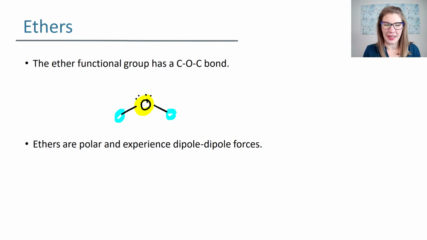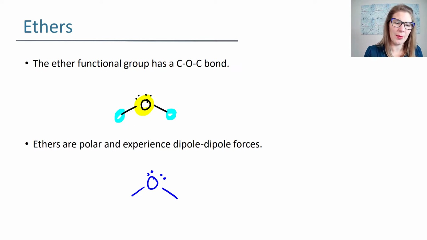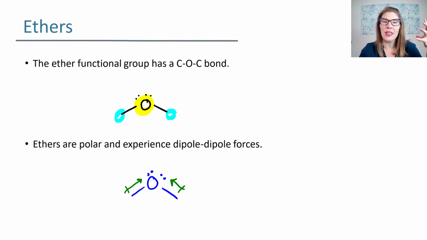So you have to recognize that your ethers are polar because you have a carbon-oxygen bond that's polar this direction and this direction. And those individual bonds aren't everything that we're considering. We're looking at the overall shape of the molecule as well. So overall, the direction of polarity isn't these two individual arrows.